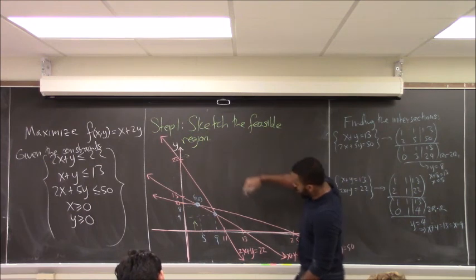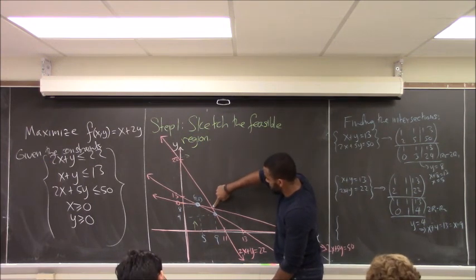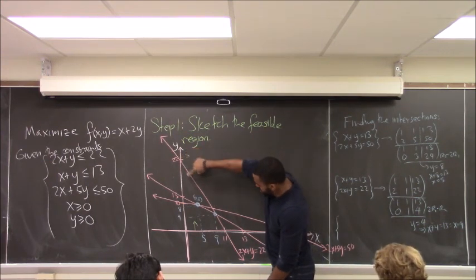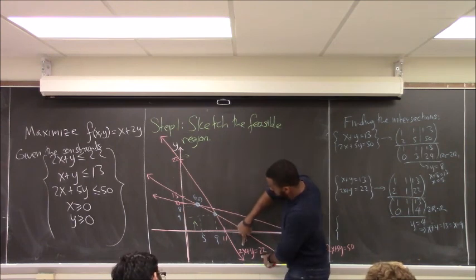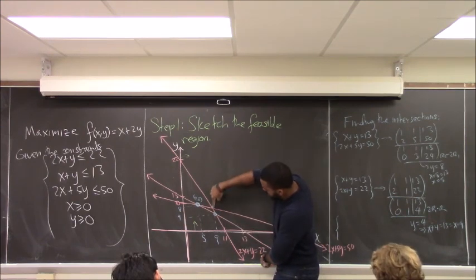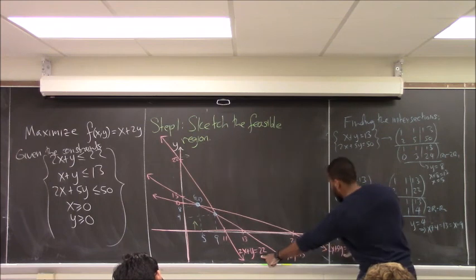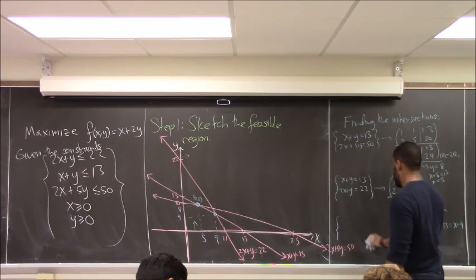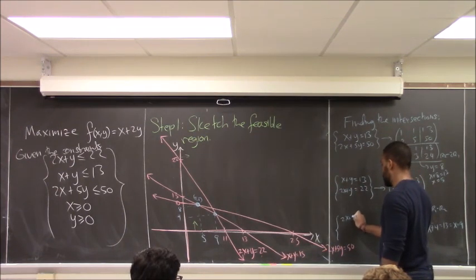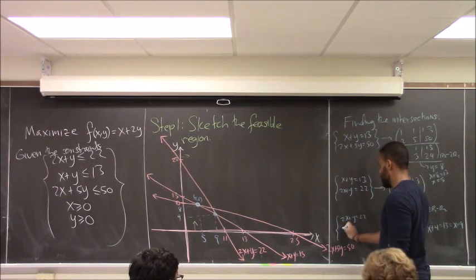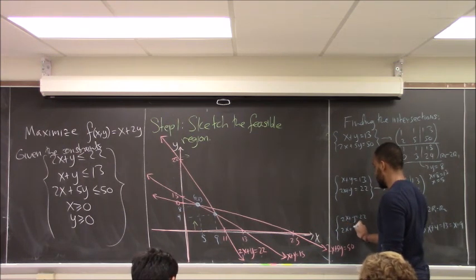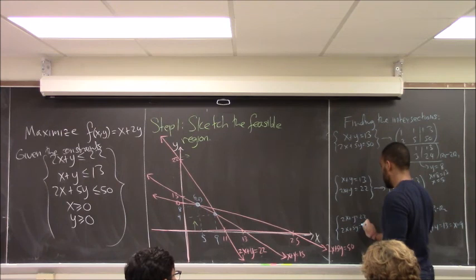And finally, let's do the last one. So I want to know where this intersection happens. That's the 22 line. That's this guy intersected with this guy. So I have the 2x plus y equals 22, and I have the 2x plus 5y equals 50.